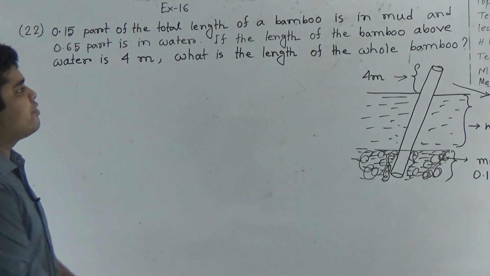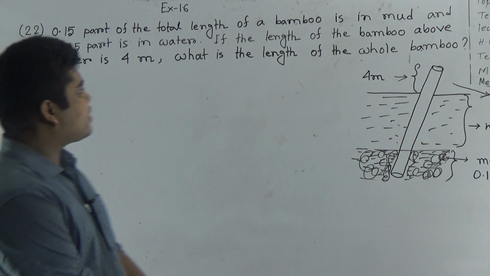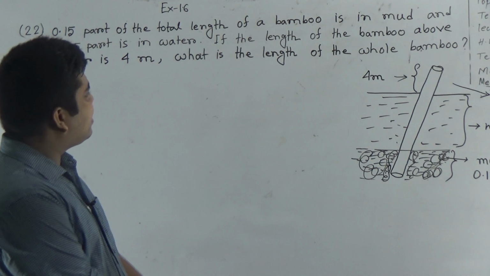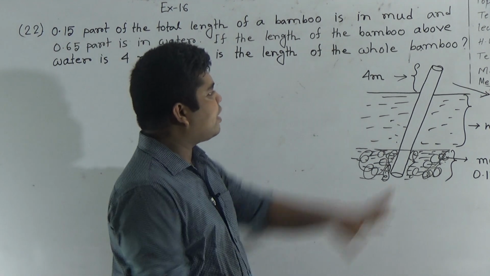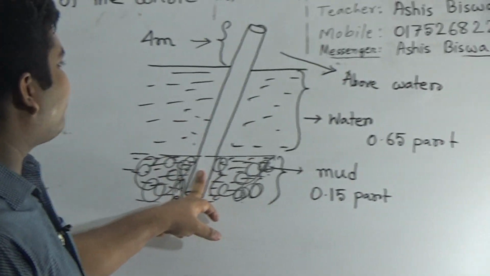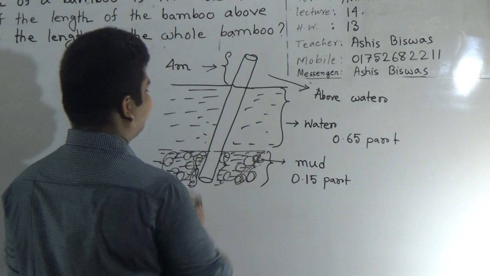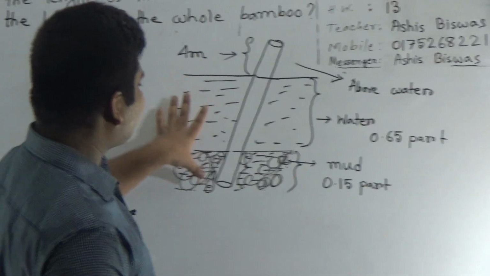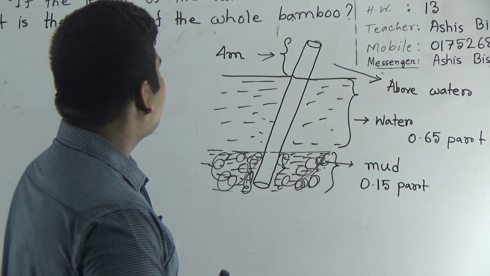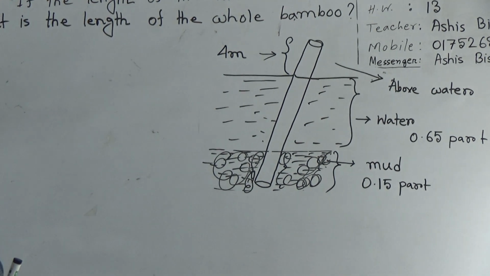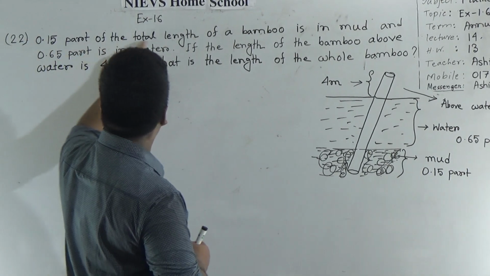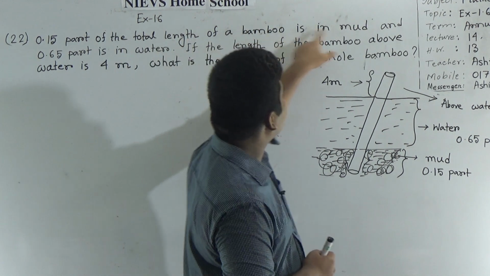My dear students, before starting to solve this math, at first you make a plan how to solve it. For your better understanding, I have drawn a figure. Do you notice this? Here this is a bamboo. And this is water, this is mud, and this is above water. From the question we have noticed that 0.15 part of the total length of the bamboo is in mud.